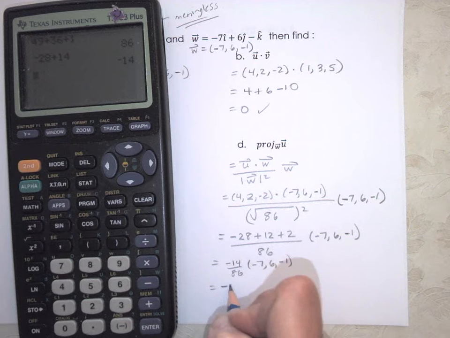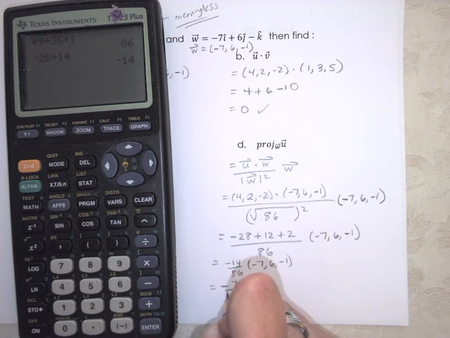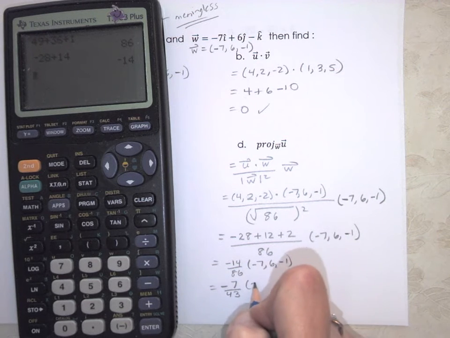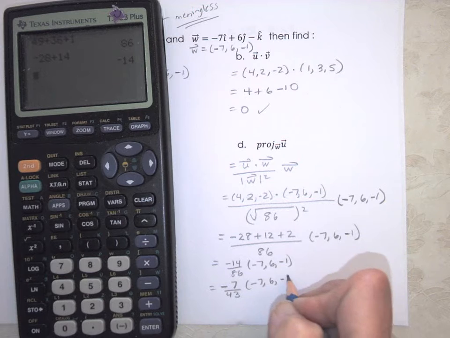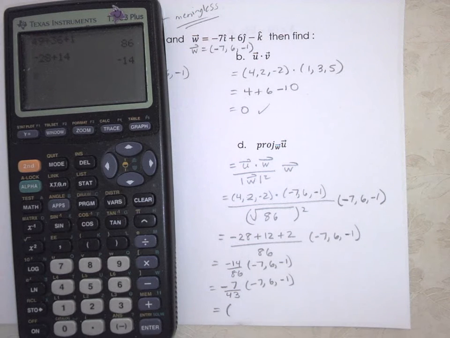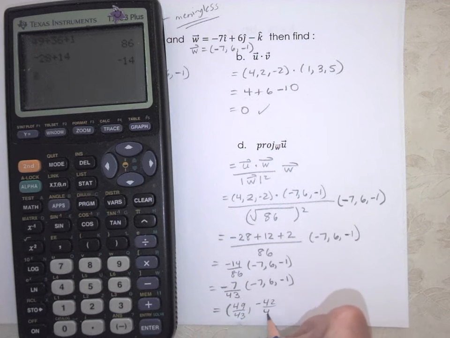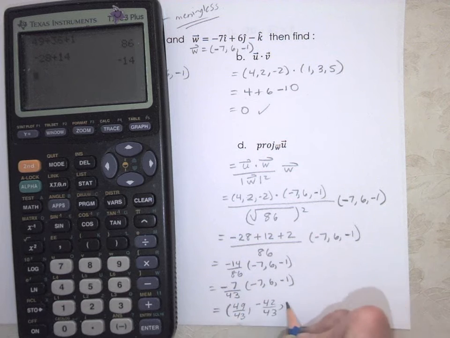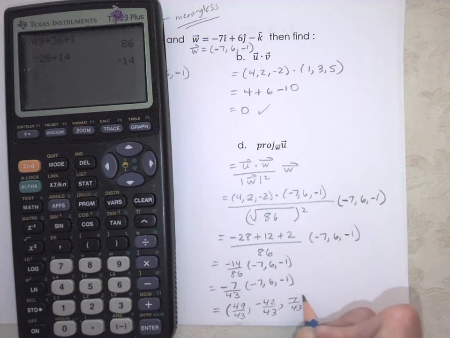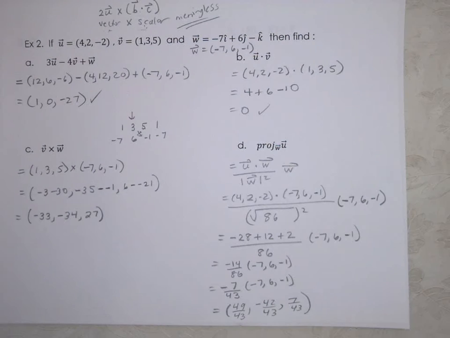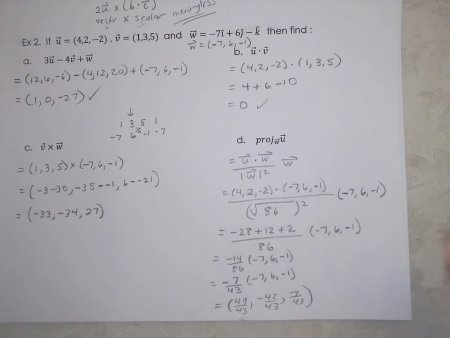Reduce this, so negative 7 over 43 times negative 7, 6, negative 1, which ends up giving us 49 over 43, negative 42 over 43, positive 7 over 43. And that's a vector expressed as an ordered triple there.